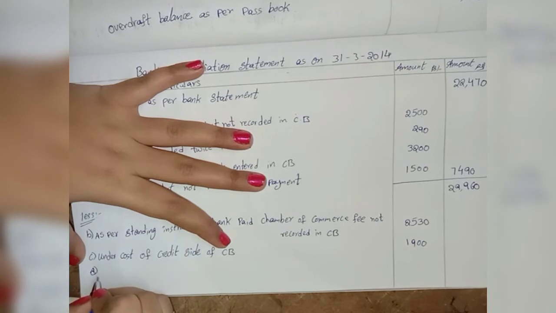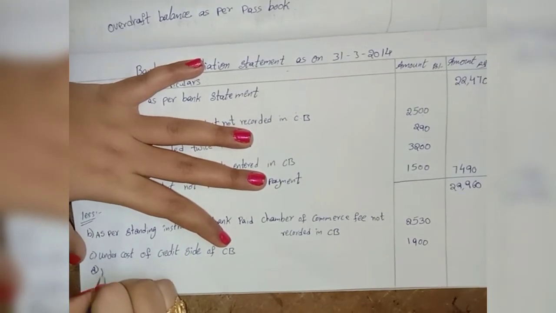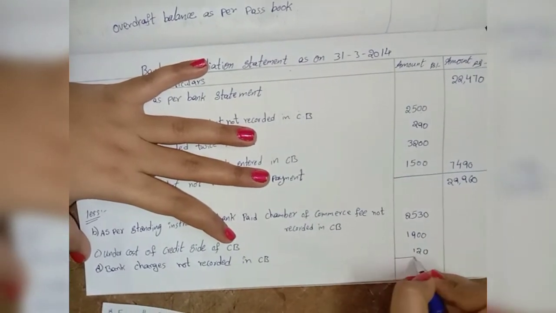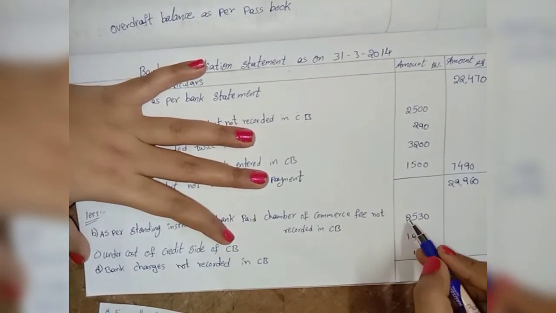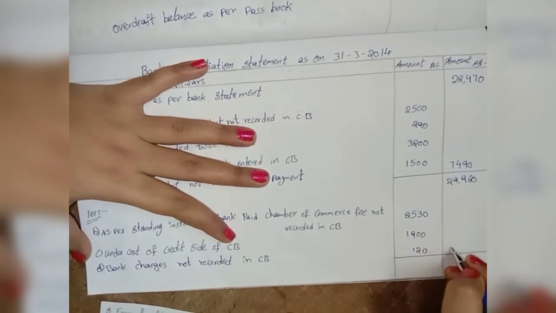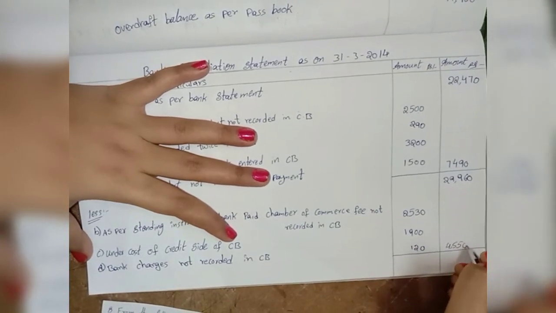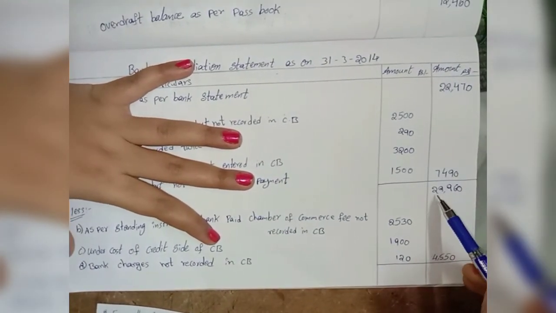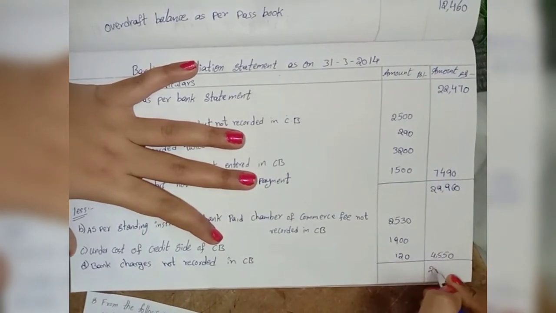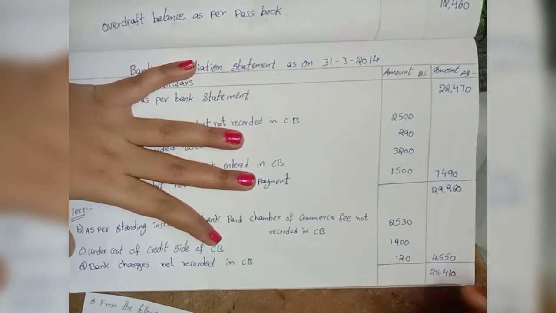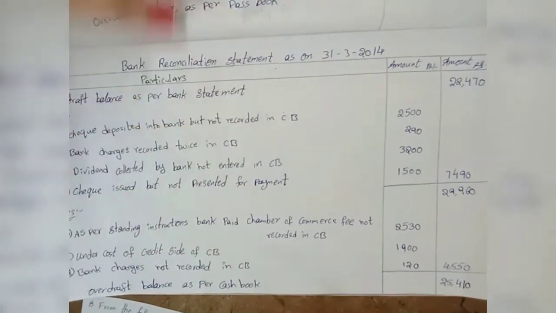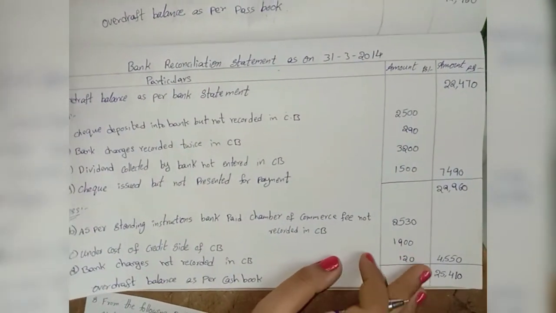Bank charges not recorded in the cash book, the amount is 120. So these are the entries: 2,530 plus 1,900 plus 120, and the total is 4,550. So 29,960 minus 4,550 is 25,410. This amount is the overdraft balance as per cash book. So this is our 8th sum of BRS.